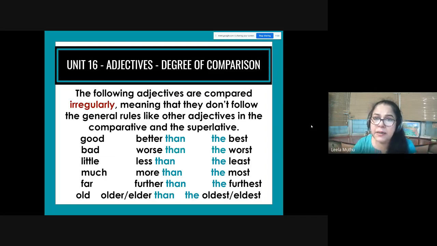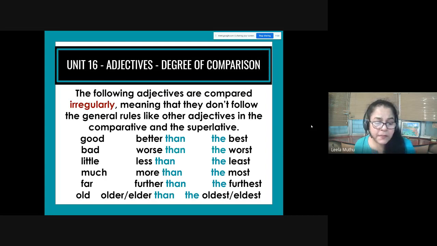Little, less than, the least. Now see, little sounds so different from less. When you have less than little, you say less. And when you have almost nothing left, you have the least. I have a little water in this jar, but this glass has even less water than that. But look at that, there's barely any water in it. It's got the least amount of water.